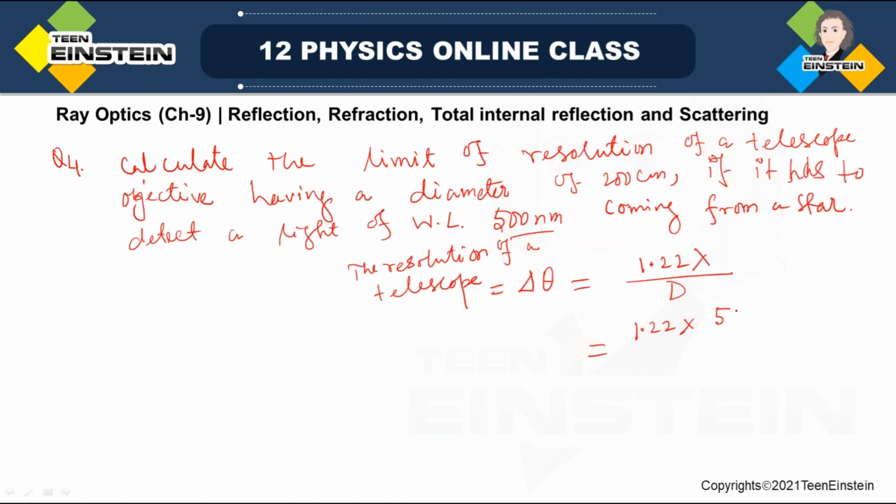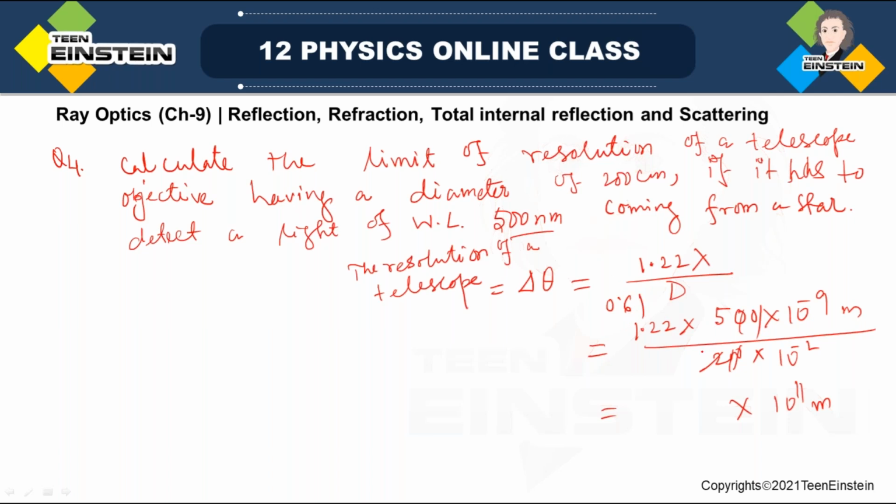We will just write this lambda, 500 nanometer, as 10 to the power minus 9 meter. And down we have diameter 200 into 10 to the power minus 2. So this is 0.61.